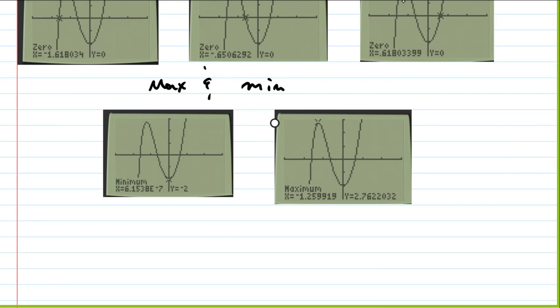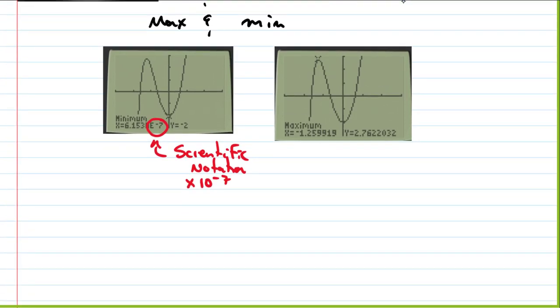So one thing we do want to take note of, when my calculator gives me this e to the negative 7th stuff, what does that mean? Yeah, perfect. So this is scientific notation. And so it means times 10 to the negative 7th. So what that really means is I'd have to move my decimal to the left 7 places.